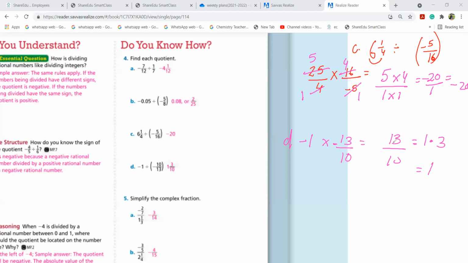I get positive 13 over 10, because 10 multiplied by 1, there is nothing else here. So 13 over 10, when I divide, I get 1.3. Or if you write it this way, you get 1 and 3 over 10. Okay?